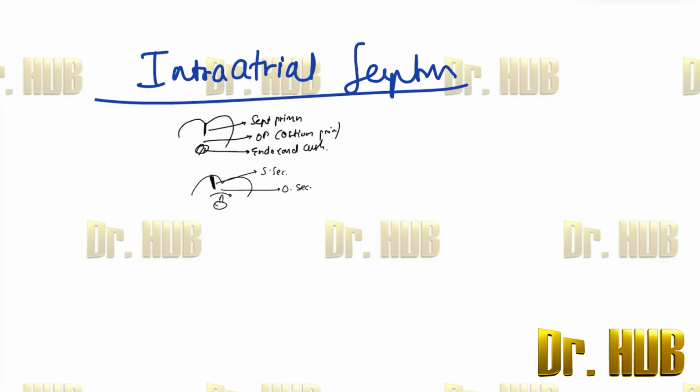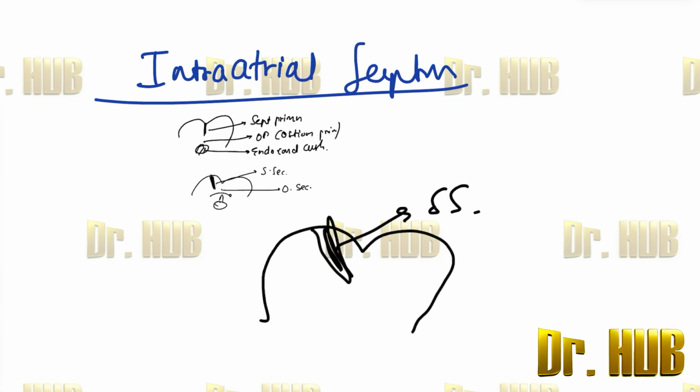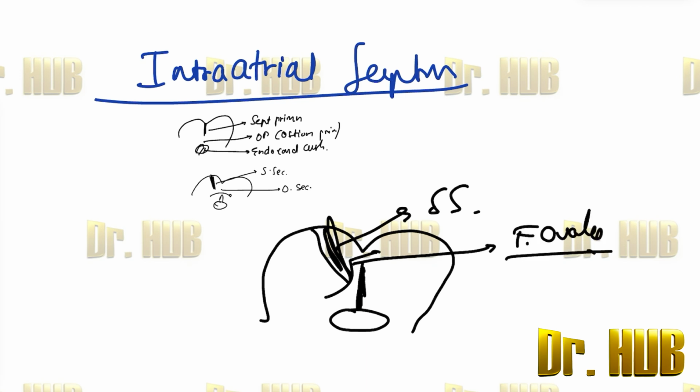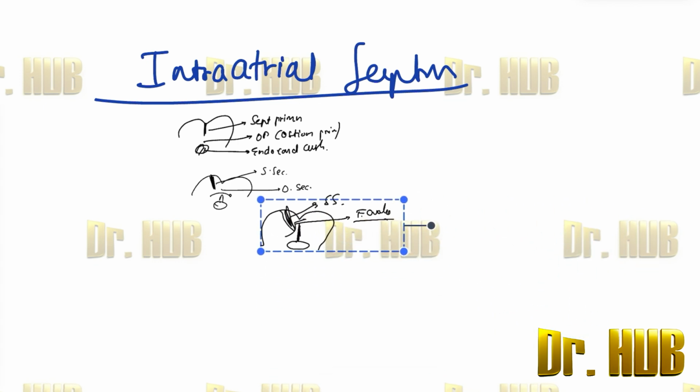Lastly, the development: there is again the septum secundum, and there is a small gap. This gap is known as the FO, that is the foramen ovale. So our discussion is going to be based on these images.